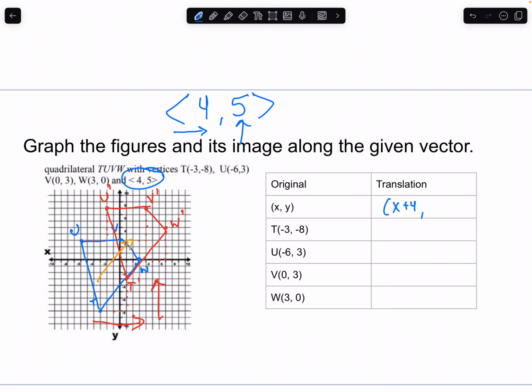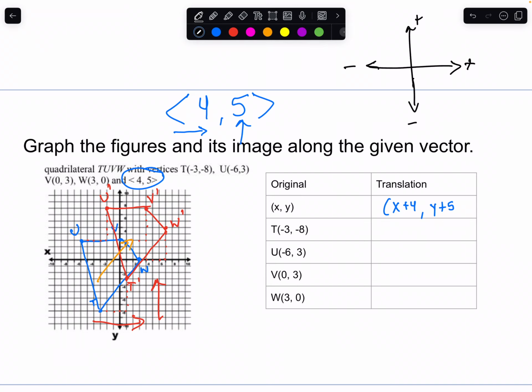And the y value, since it's positive 5, we're going to do plus 5, under the assumption that we recognize it in a graph. Positive values are to the right, negative values are to the left. Positive values are pointing up, negative values are going down.